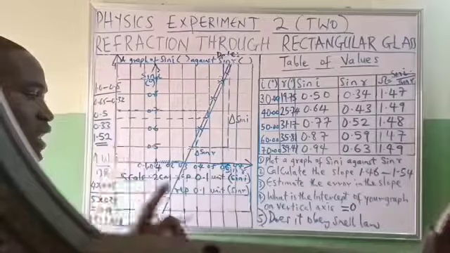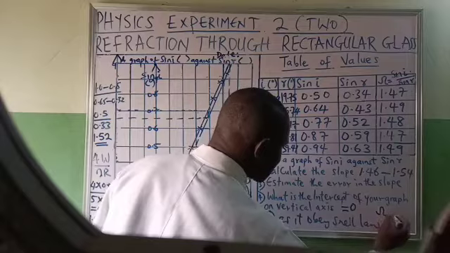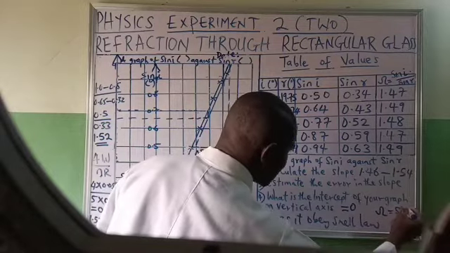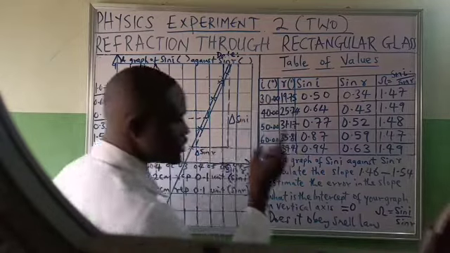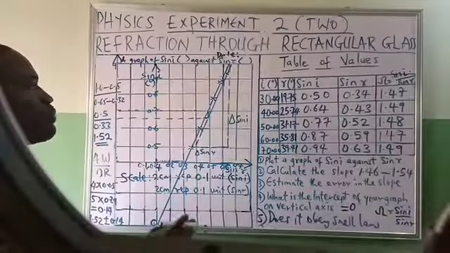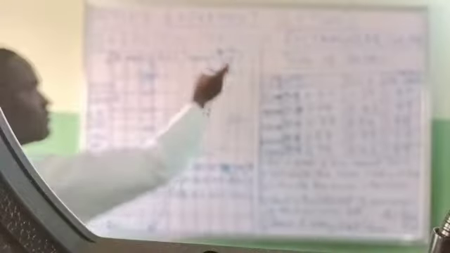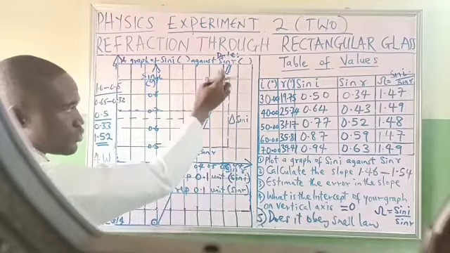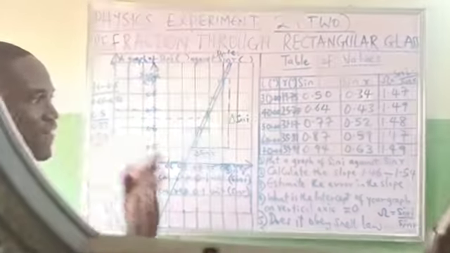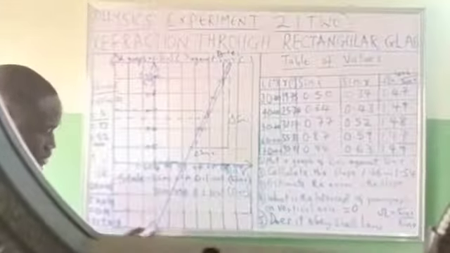Does it obey Snell's law? Yes. The reason being that Snell's law says that refractive index is equal to sine i all over sine r. This is what Snell's law states. That means when you plot the graph of sine i against sine r, what you'll get is a straight line which will have a positive slope, called the refractive index, and it will also pass through the vertical axis at point 0.